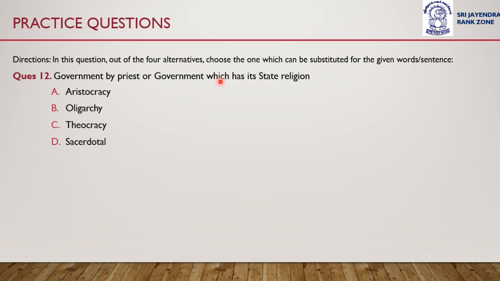Option A, aristocracy, option B, oligarchy, option C, theocracy, or option D, sacerdotal?